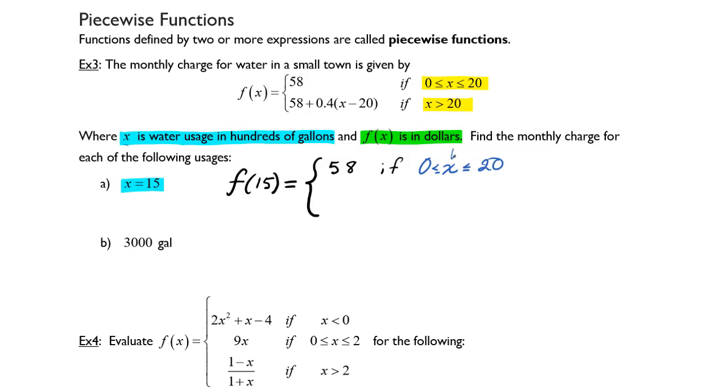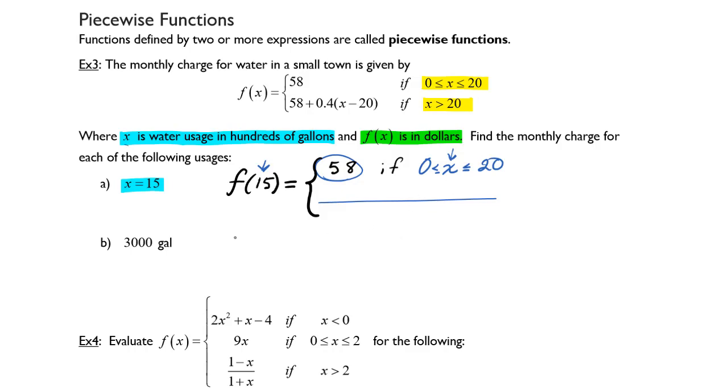X is visually in between 0 and 20. So I know that my answer is going to be 58, for 1,500 gallons. And I don't even need to write the second line because my input defines which rule to use. I had two rules, and I'm going to use the first one.